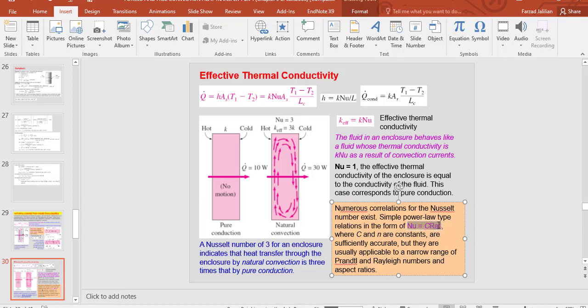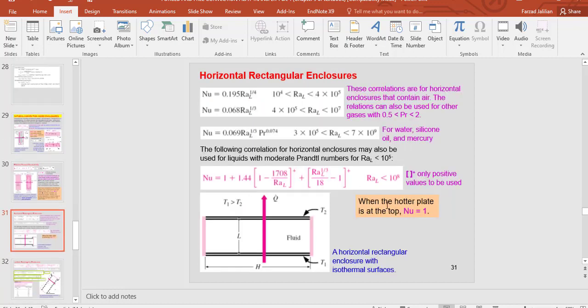So usually we should find the Nusselt number for an enclosure to find the heat transfer by this equation. Okay, now let's see how to calculate the Nusselt number for enclosures with different geometries and different orientations.